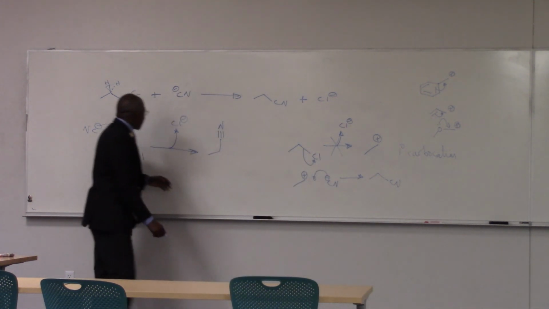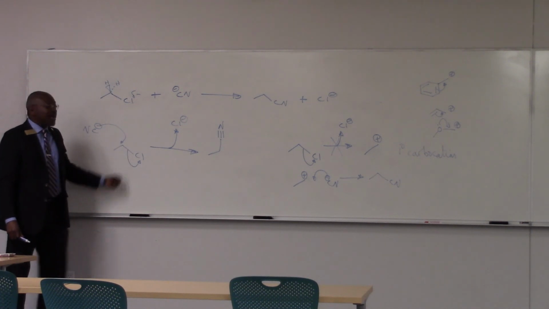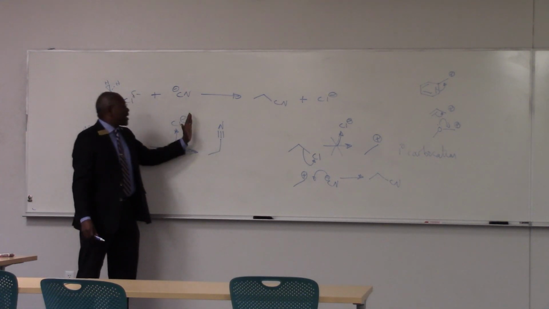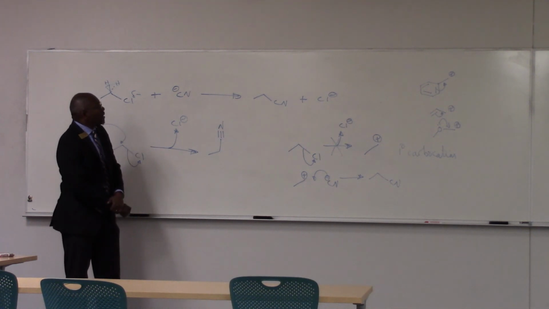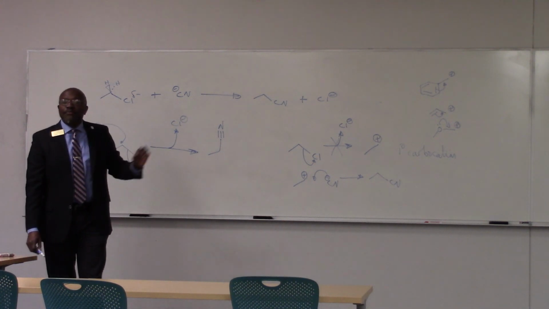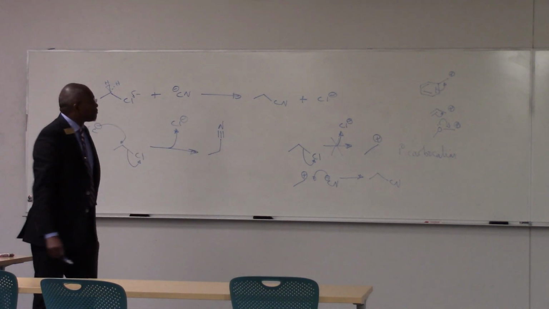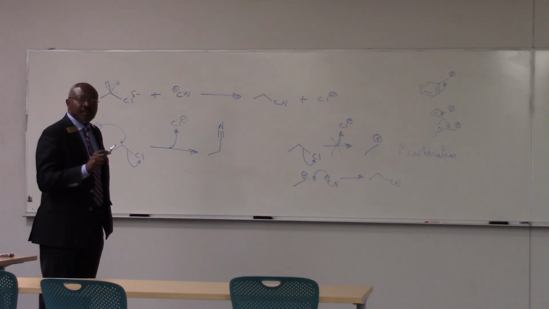So we are looking instead at a concerted process where the cyanide attacks the haloalkane, I make my propanenitrile and chloride in one step. Now, I could ask you, sketch the reaction profile diagram for this reaction. Well, I'm asking you to do two things.